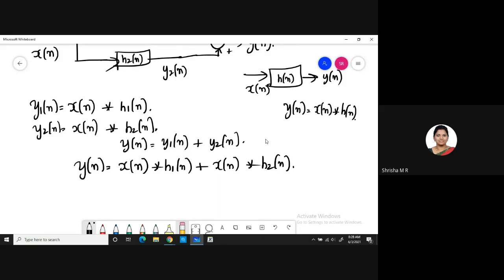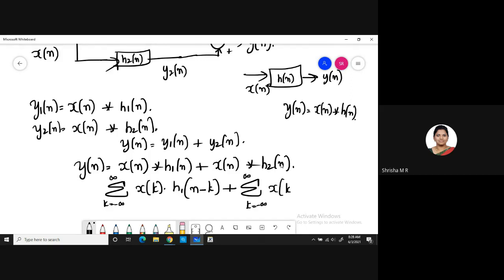So this is the convolution sum, right? Because we have discrete signals, x of n convolved with h1 of n can be written in terms of the convolution sum as summation k equals minus infinity to infinity x of k into h1 of n minus k. Similarly, x of n convolved with h2 of n is summation k equals minus infinity to infinity x of k into h2 of n minus k.